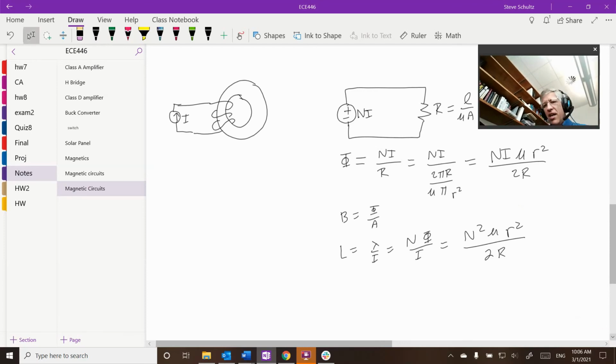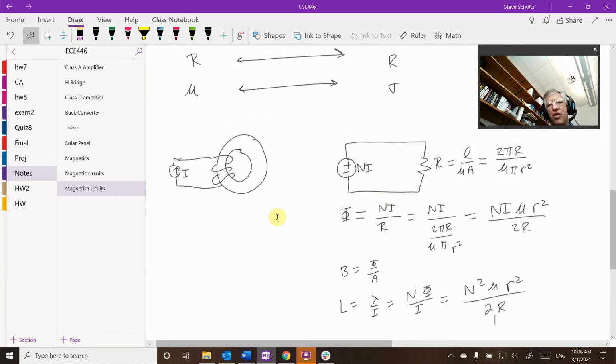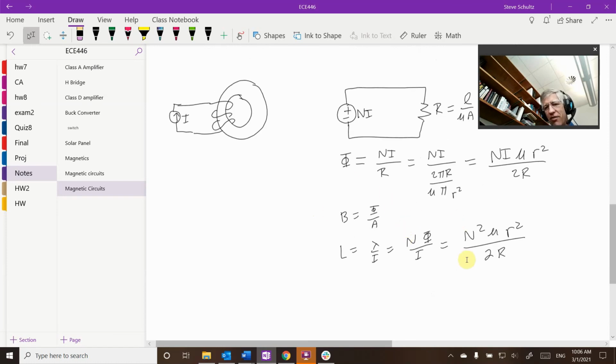You can see that we solved all of our solenoid type problems using this same basic idea. I didn't have to go back to all the physics. I could use my concepts of circuits to do this. And so this is going to give me a lot more flexibility to do more complicated structures. Just as an example, we can start doing transformers with different types of magnetic structures using these concepts of circuits.